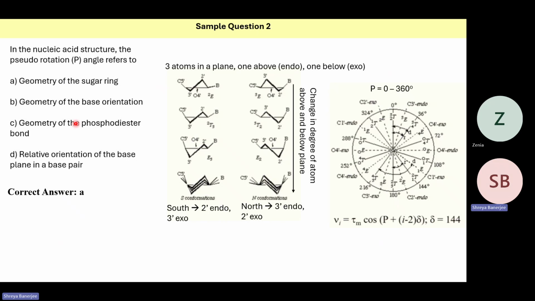So here, again, if we look back, the pseudo-rotation angle refers to the geometry of the sugar ring, that is option A.